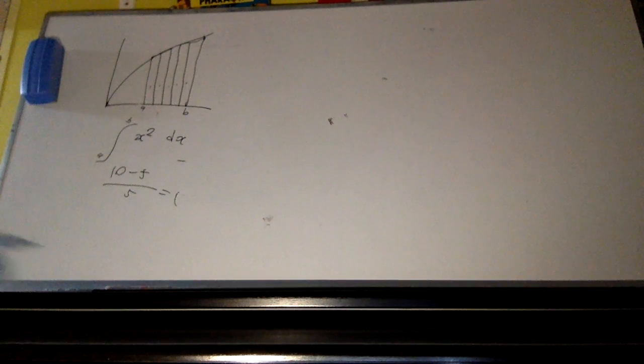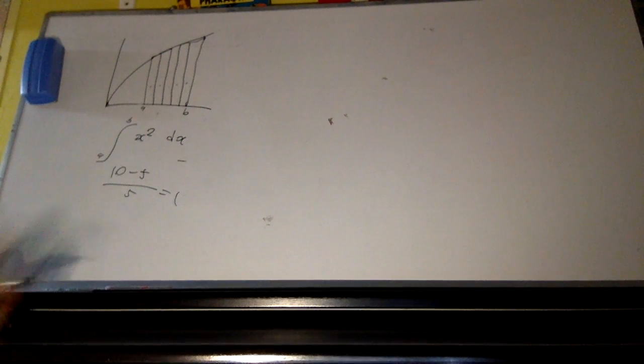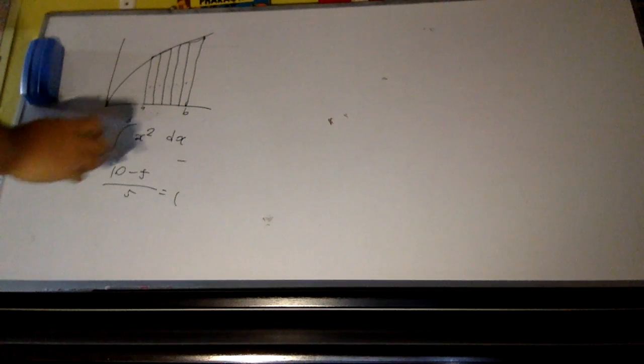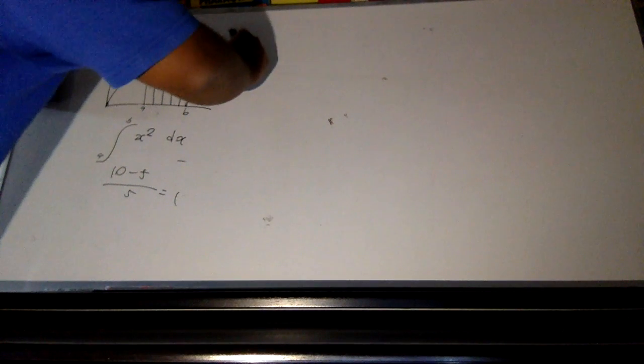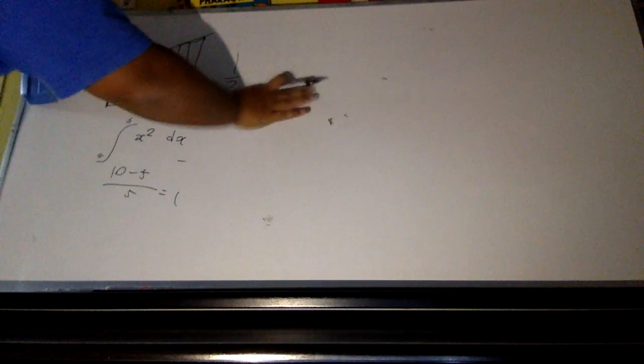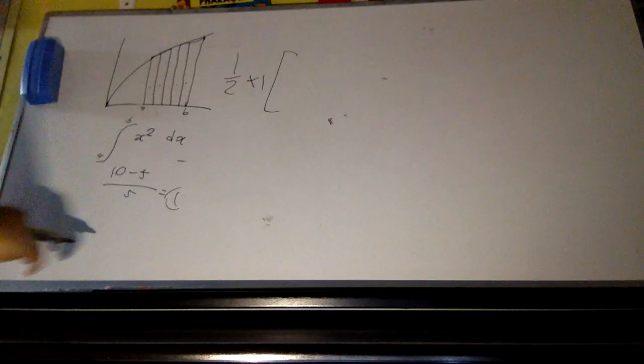That's your h value. So from the h value, you'll use the formula where you do 1 over 2 times your h, so times 1, and then bracket.